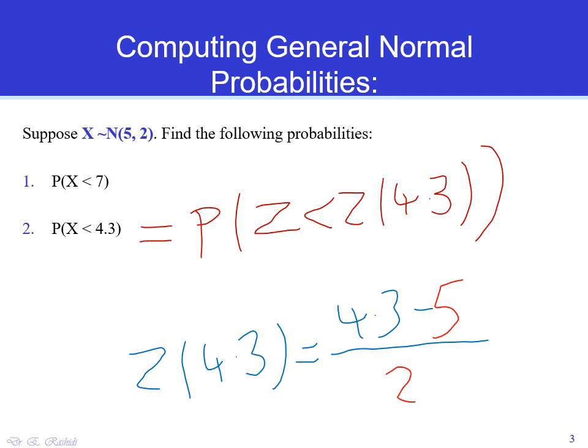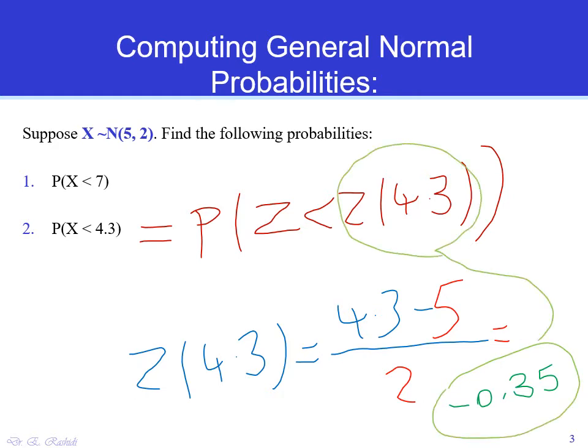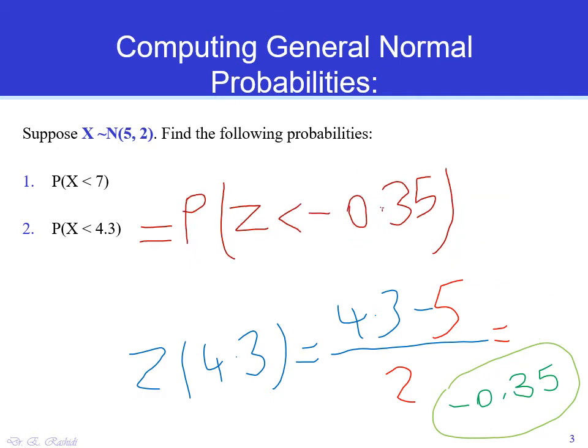And if you solve this, it's equal to negative 0.35. So that would be the z-score of 4.3. So the probability that z is less than negative 0.35 would be equal to the probability that x is less than 4.3. We're going to look at the z-table to find this probability.